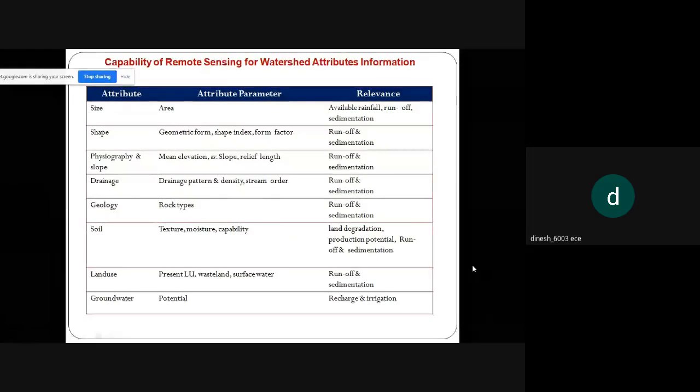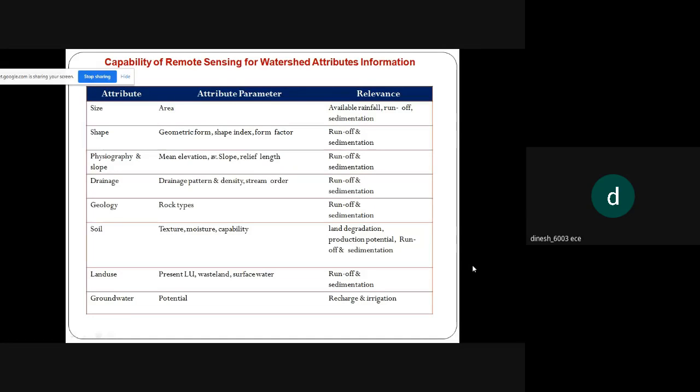Next is the drainage. The drainage pattern and density and the stream order contribute to runoff and sedimentation. The geology, the presence of rocks, rock beds, and soil structures all contribute to runoff and sedimentation.